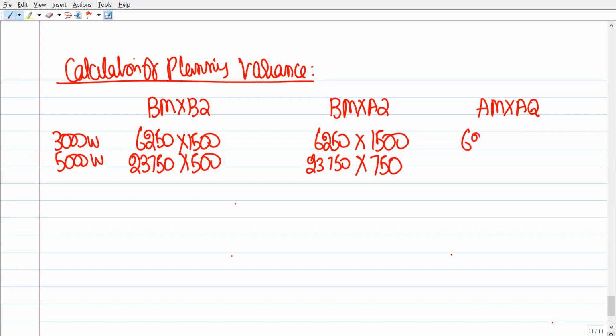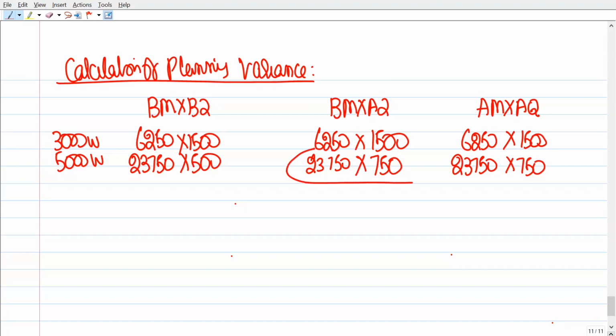So this remains same, 6250, 23750 into 1500 into 750. You'll have only one variance after doing all this.